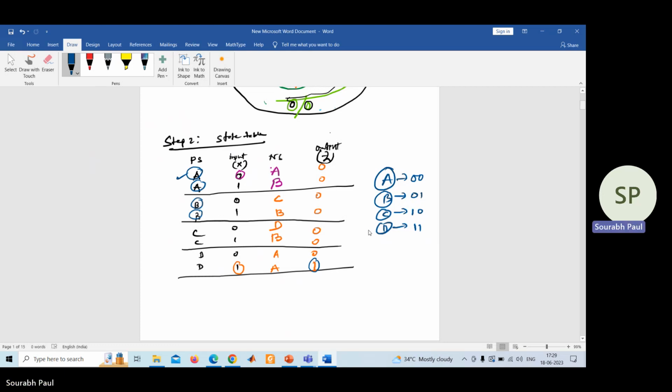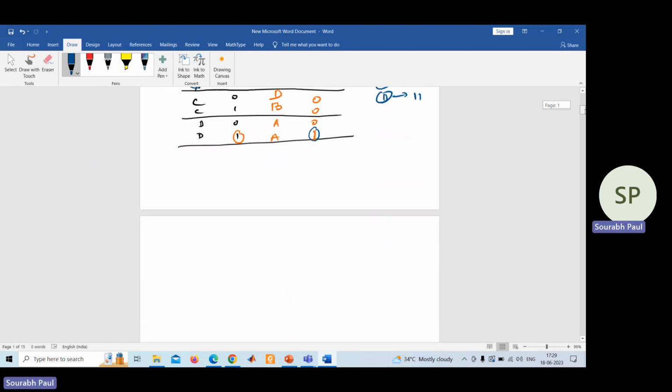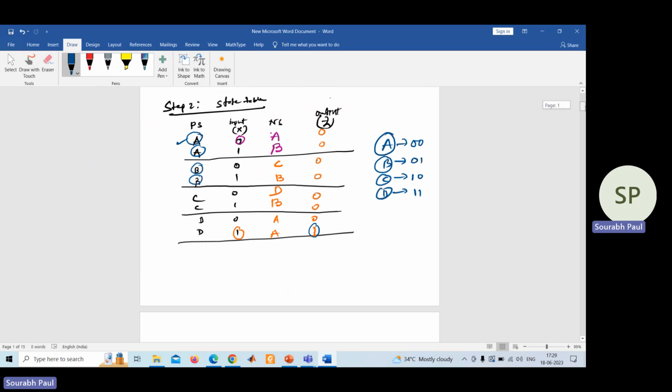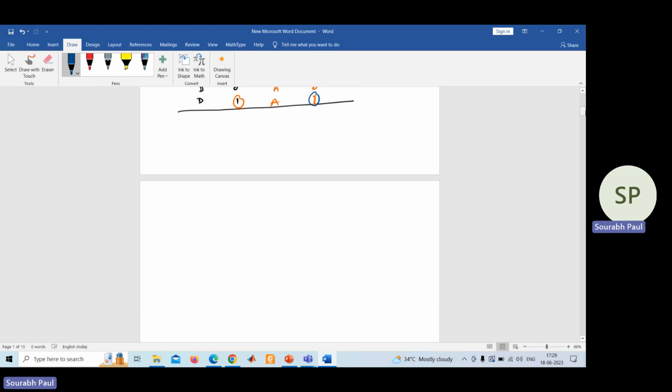Okay. Fine. Now, after that, what you have to do? Now you replace these variable values by these binary values. Okay. So you do this step. Step 3, replace these variables by the binary values. So if you can remember, in present state, you had A, then we can write the input also.